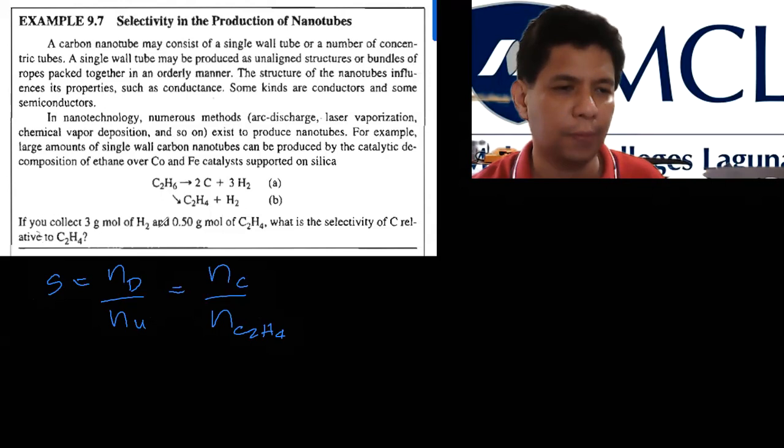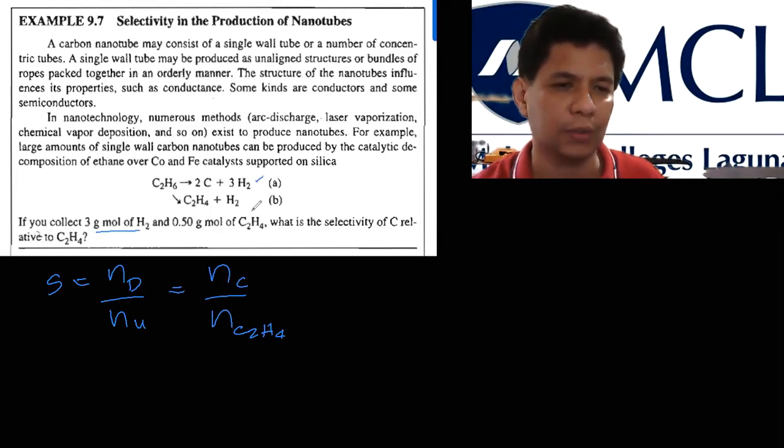So as you can see from the problem, we have 3 gram moles of hydrogen. So since hydrogen is coming both from the first reaction and from the second reaction, not all of this hydrogen is coming from the production of nanotubes or carbon. So as you can see, we have 0.5 mole of C2H4. So basically, for every 0.5 gram moles of C2H4, you're going to produce 0.5 gram moles of hydrogen.